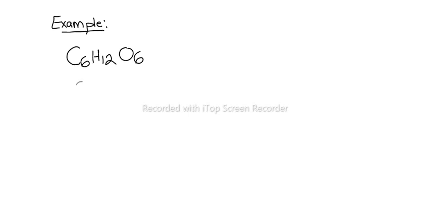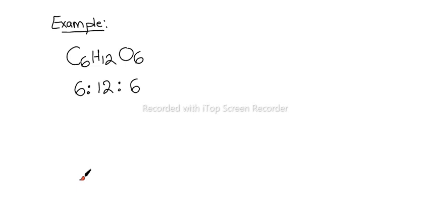So you will tell me that we have 6 carbon atoms to 12 hydrogen atoms, and I've got another 6 oxygen atoms. If we look at the formula, the first question that we should answer is, this ratio, is it in the simplest formula? Can I simplify it more?